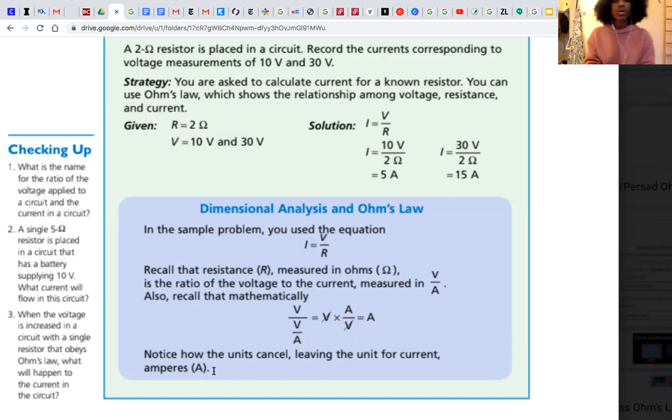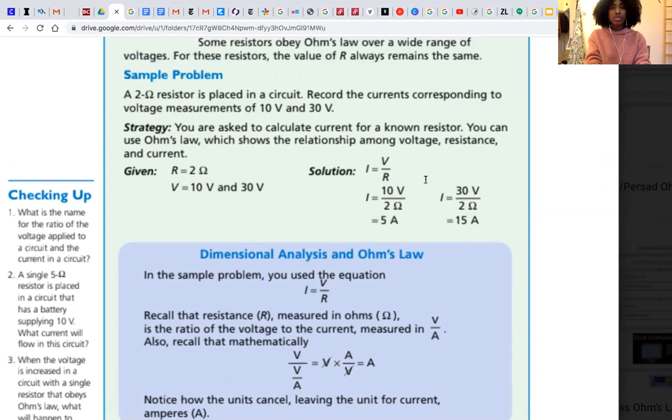So this is how you show that through this math, you also come up with the correct unit. Because it's not just about memorizing that A is for amperes, it's how does that actually mathematically work out? How am I proving this?